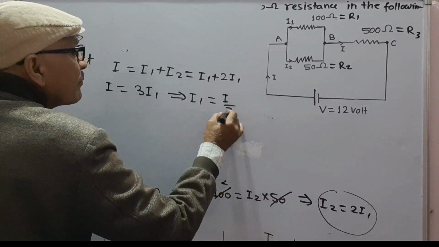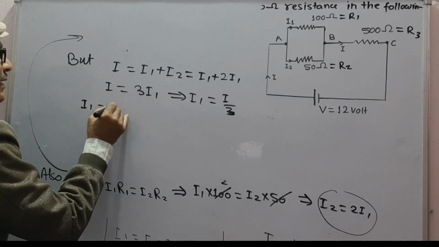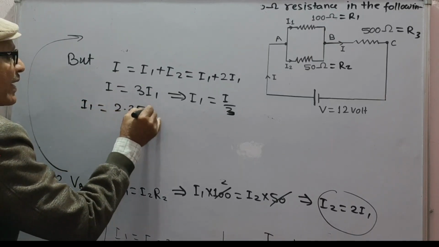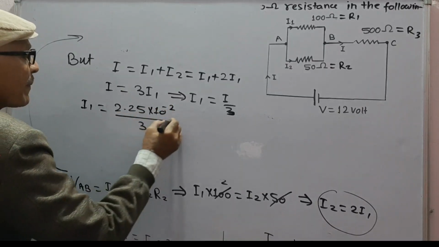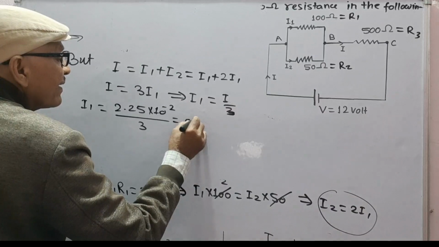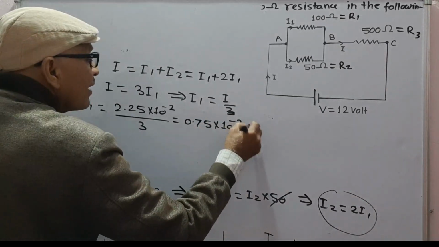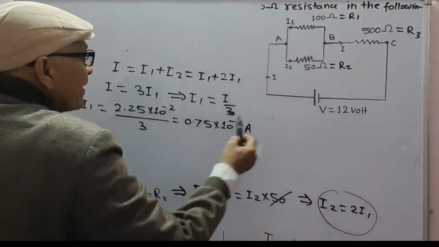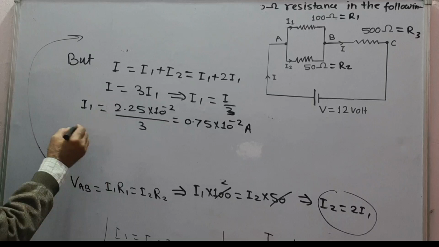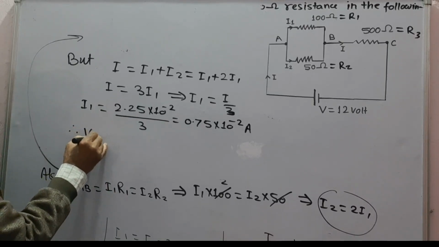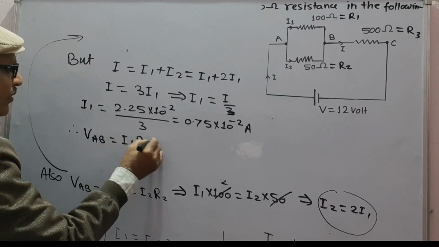I1 is equal to, I is 2.25 into 10 to minus 2 upon 3, which is 0.75 into 10 to minus 2 ampere. Means this current is 0.75 into 10 to minus 2 ampere. Therefore, VAB will be equal to I1 into R1.